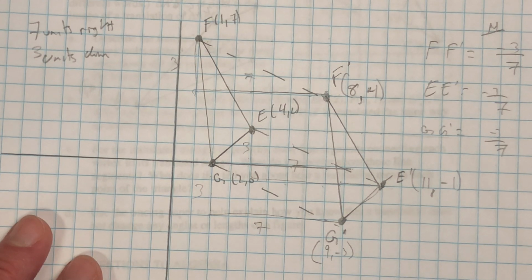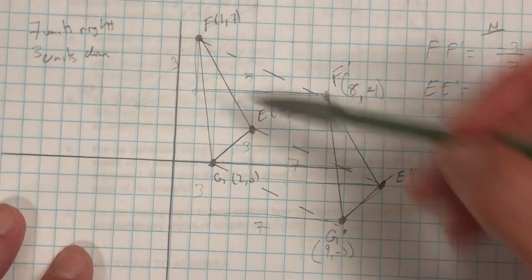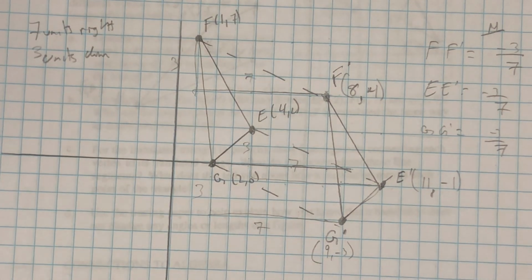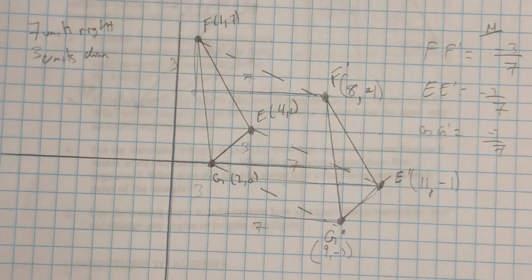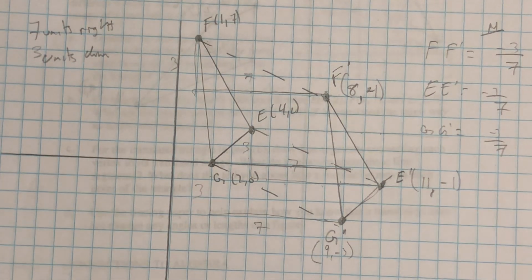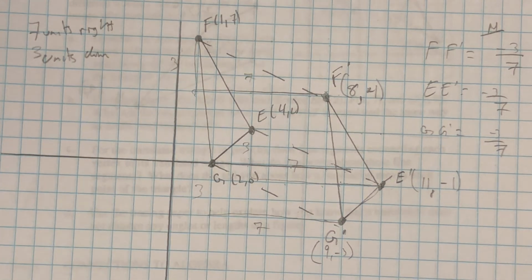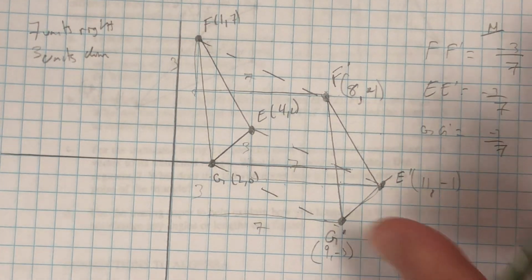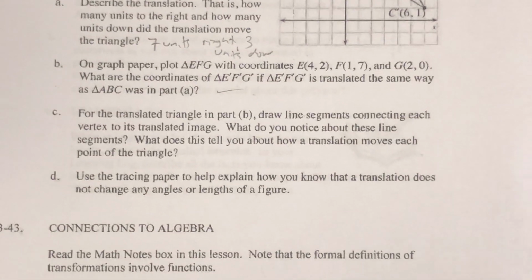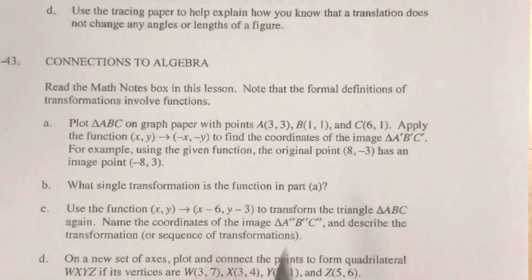And again, when we translate this image to this new image, things are not going to warp. They're going to stay exactly the same. They're not going to change. All right, that's kind of what D is asking us.